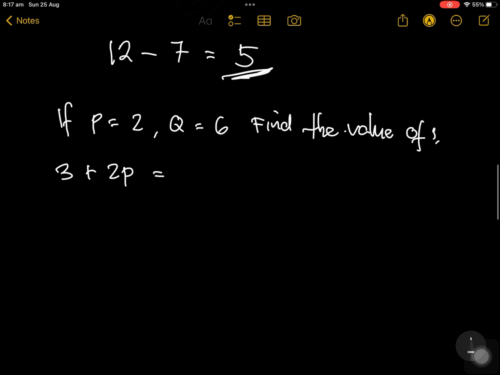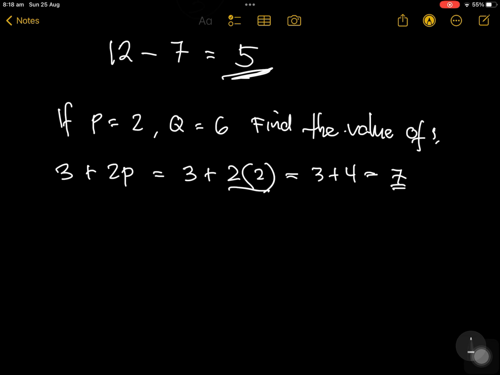Okay, so all you have to do is 3 plus 2 times p, which is 2. You have to multiply first, following BODMAS or PEMDAS, and that is 3 plus 4, which is equal to 7.